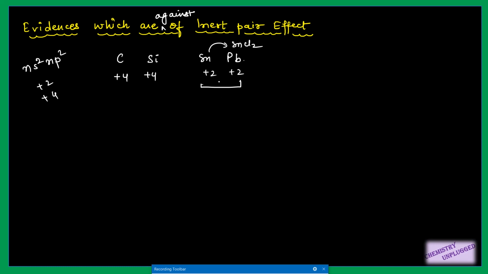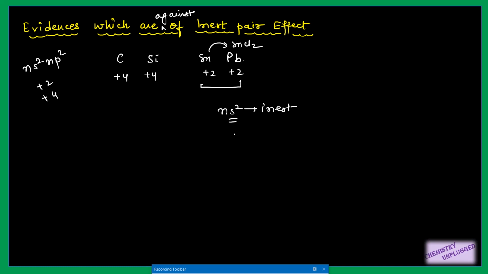So why is this so? It means that the ns2 electrons, the s2 orbital, is not participating in the bonding, right? It means it will become inert. It is not participating, it is called inert, and that is why this effect is called the inert pair effect. Similarly, in the case of the nitrogen family, the heavier elements, bismuth and so on, will not show higher oxidation state due to this inert pair effect.